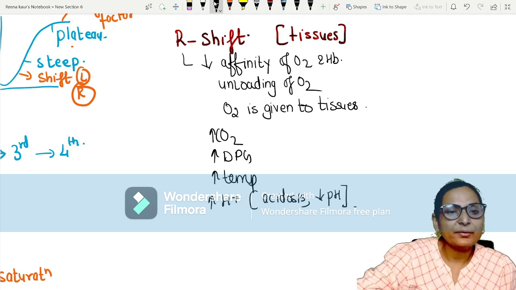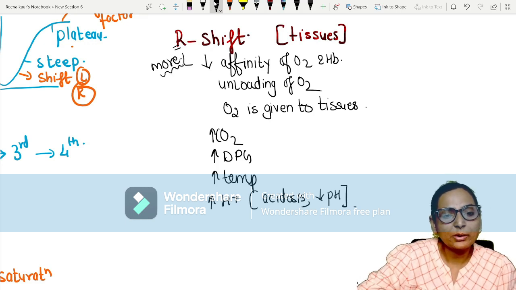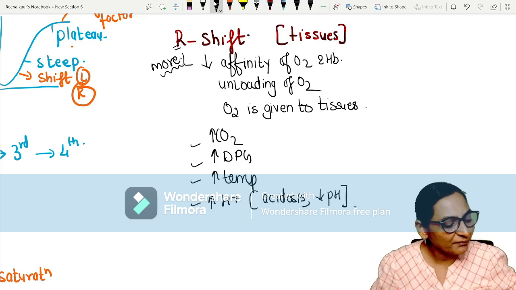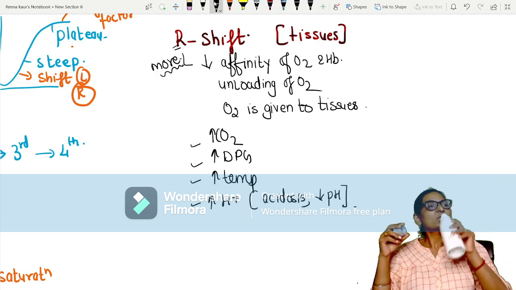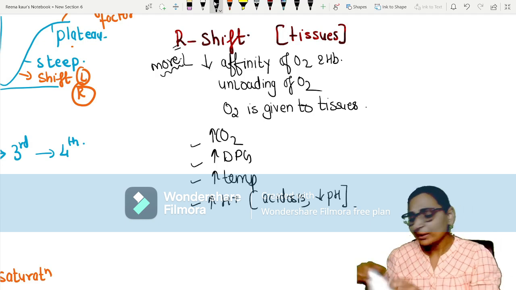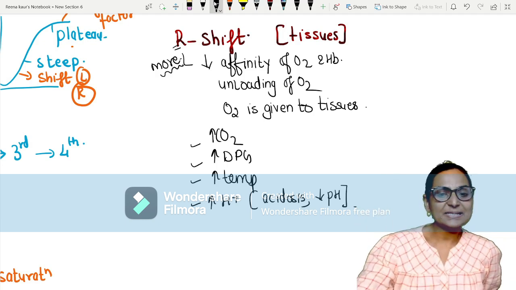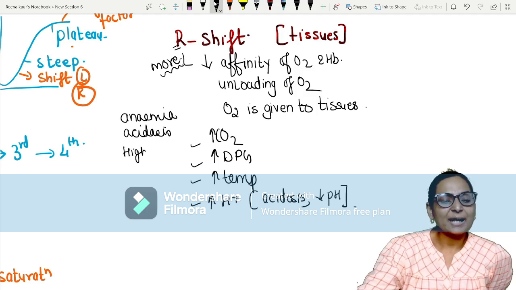Now we can remember, right means more. What more? Carbon dioxide, DPG, temperature, H plus, which will cause the shift of the oxygen curve to the right. Right means more. So you can remember the conditions. Conditions A: anemia, right shift. Acidosis, right shift. Altitude, which altitude? High altitude, right shift.